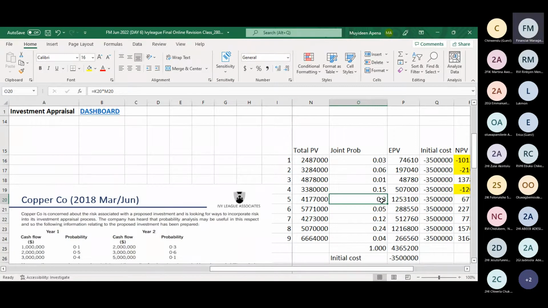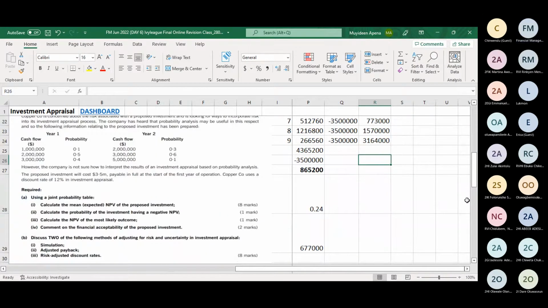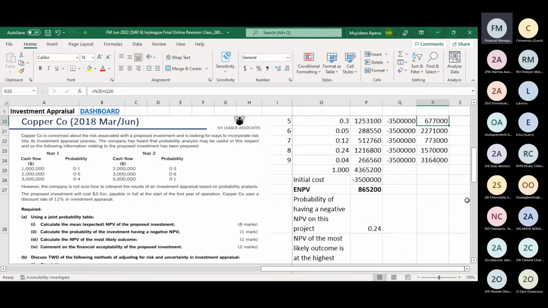The fifth scenario here is showing 30%, which means the most likely outcome is this 677,000. Okay, thank you. So if the company wants to know the likely value of this project, they will say it's likely to be 677,000. That's what they are trying to say. Most likely.